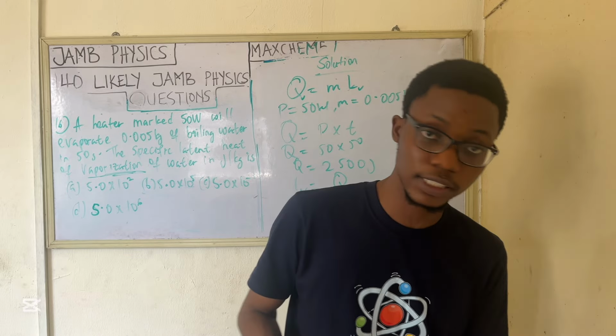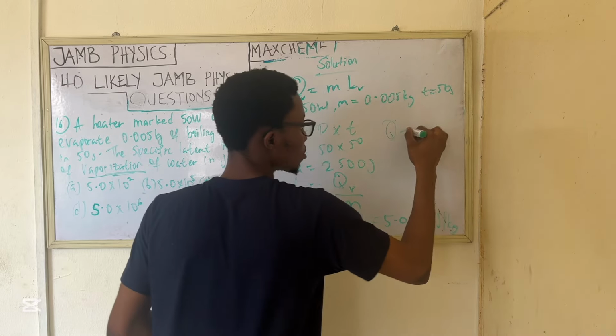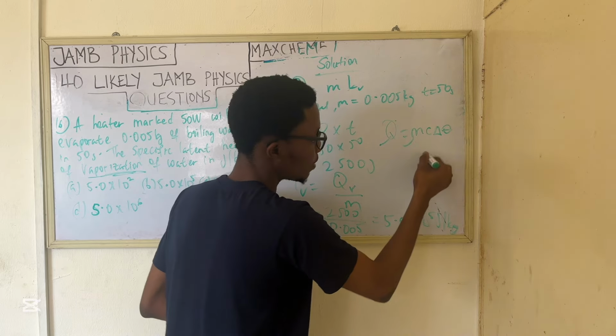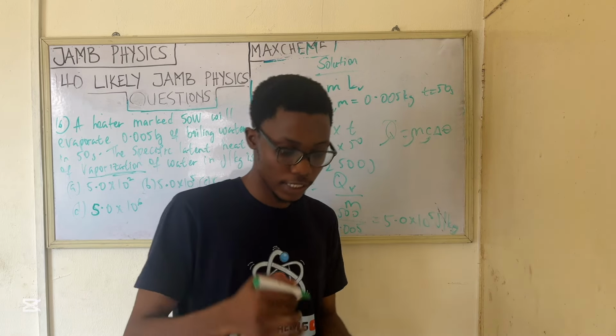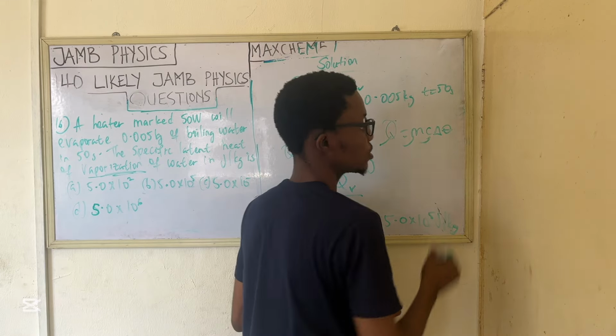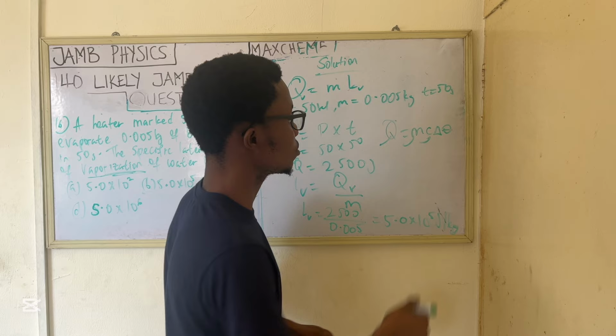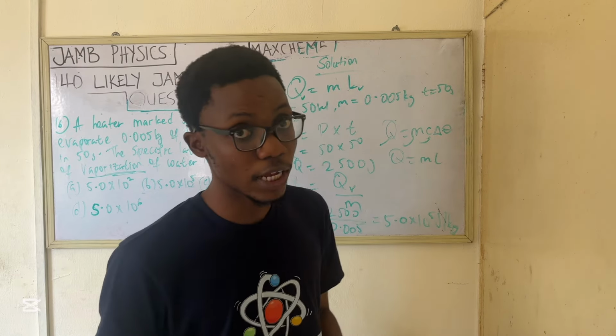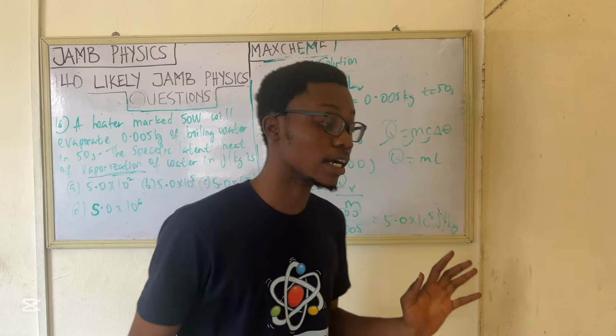C is specific heat capacity, and theta is change in temperature. And you also need to remember Q is equal to mL. Trust me, all these formulas will save you big time.